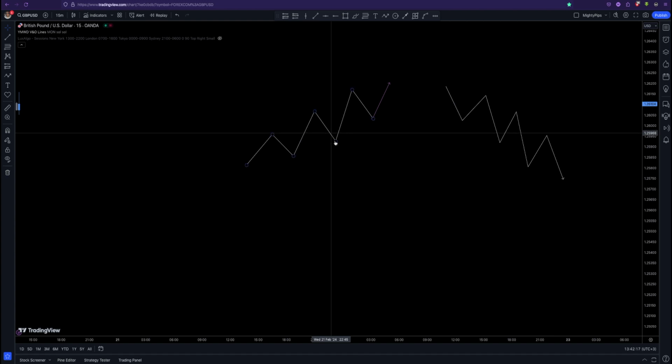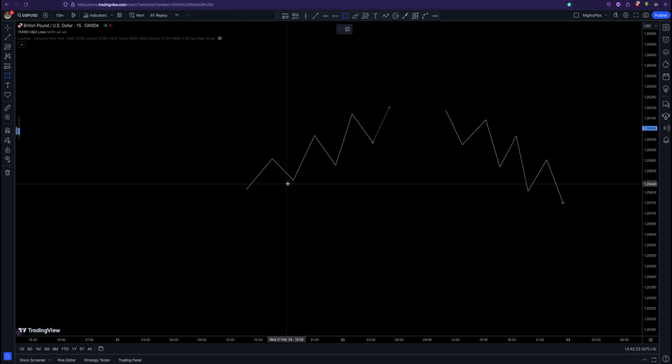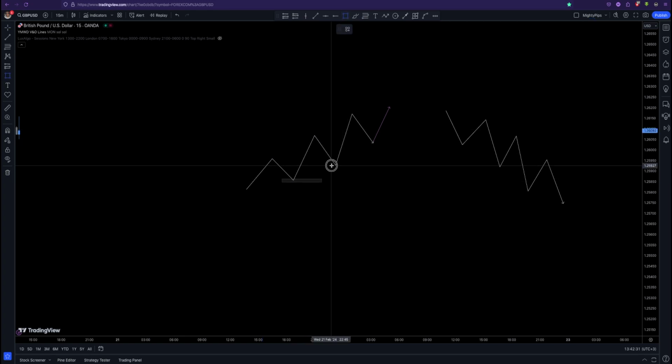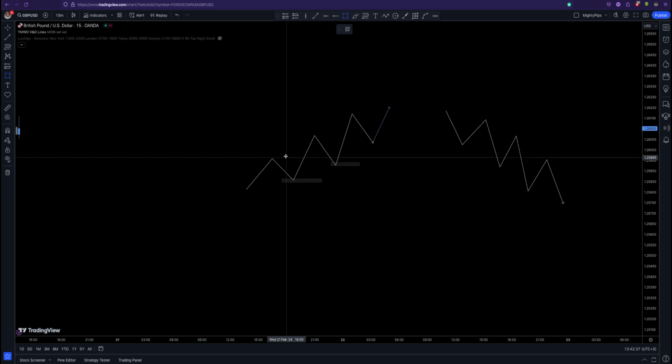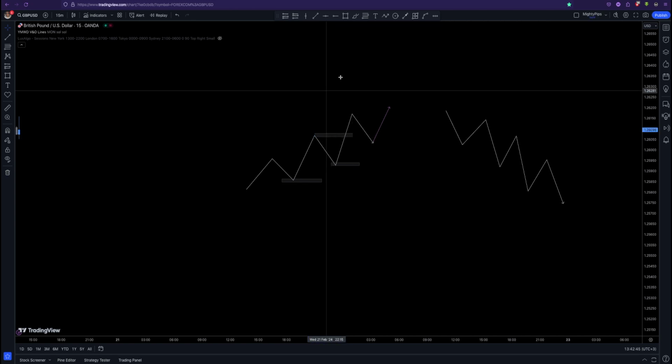A demand zone is a place where the market is creating these higher lows. Those higher lows there, in simple words, that's a demand zone. And then the higher highs are the supply areas most of the time, not all the time, but most of the time.